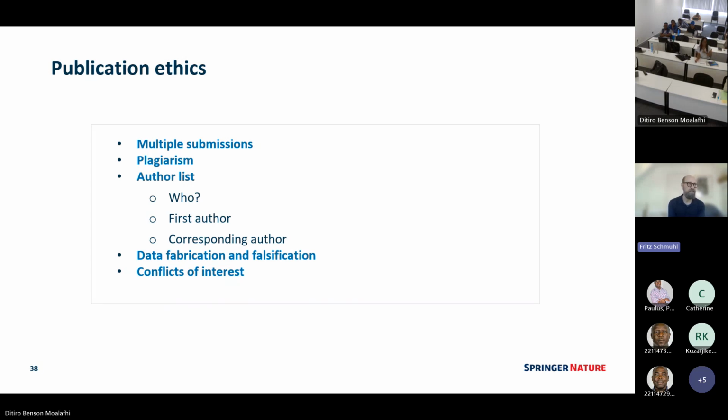This is very important because especially bigger publishers all have software that will immediately check whether the article has been submitted anywhere else within that same publisher's journals.